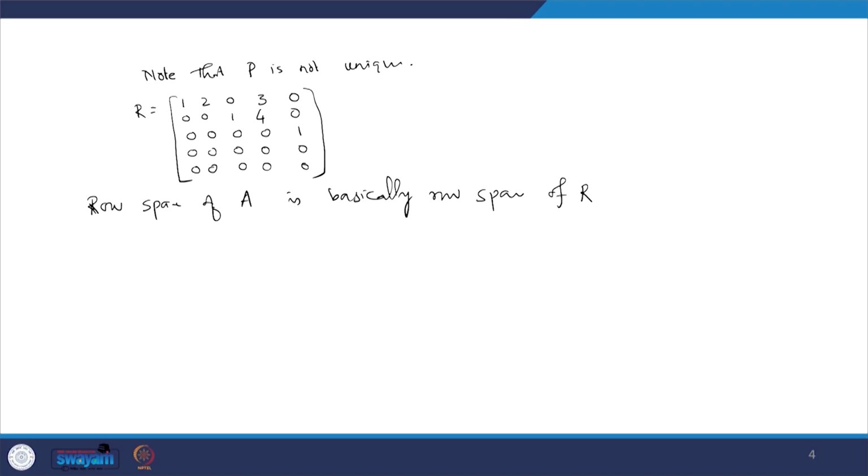We have already proved that all the non-zero rows of a row reduced equivalent matrix are linearly independent and span the row space of R. So, let row 1 equal 1 2 0 3 0, row 2 equal 0 0 1 4 0, and row 3 equal 0 0 0 0 1.